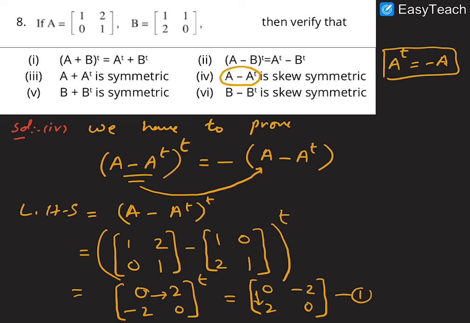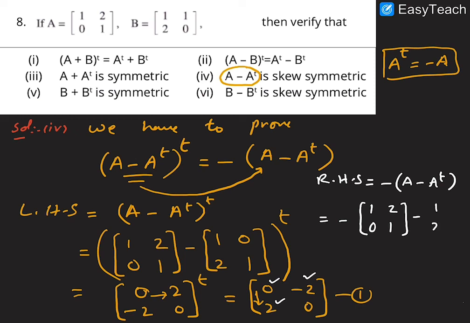Now we need to simplify right hand side, which is minus A minus A transpose. So keep the minus as it is. First find A minus A transpose. A is 1 2 0 1, minus its transpose 1 2 0 1. So 1 minus 1 will be 0, 2 minus 1 will be 1, 2 minus 0 will be 2.